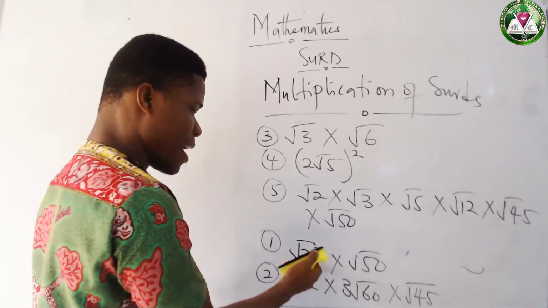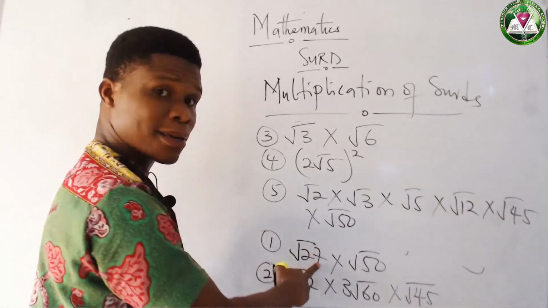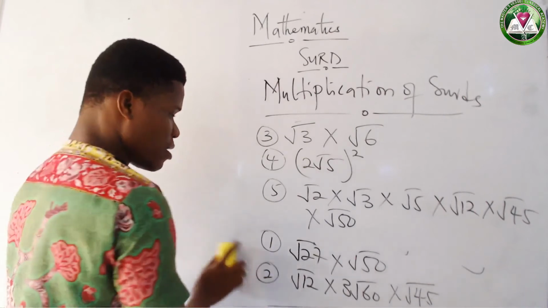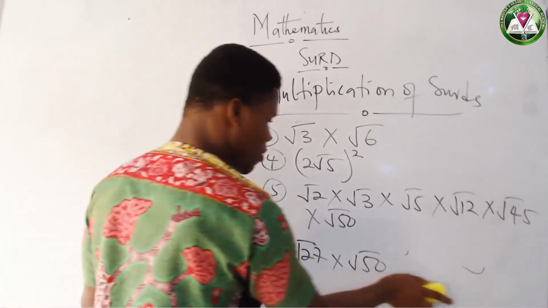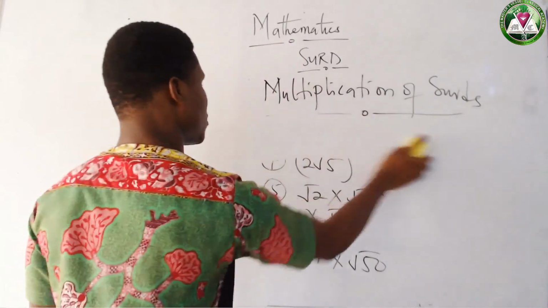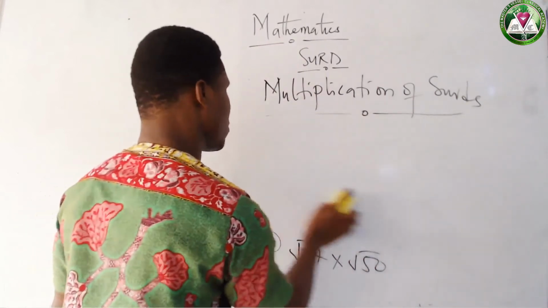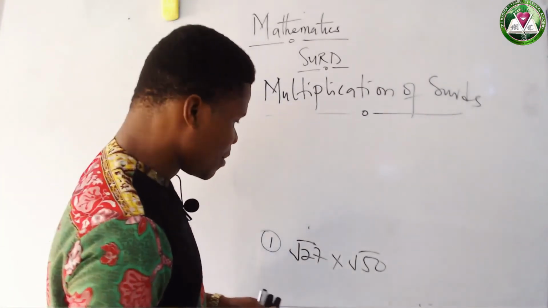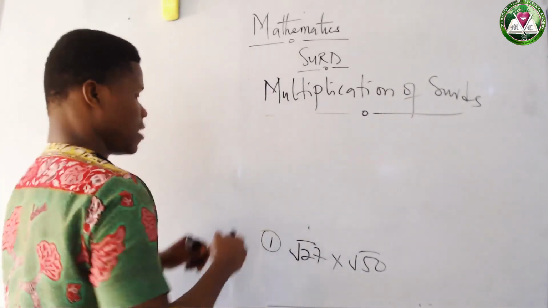I can simplify and multiply this one. I can go ahead and multiply by using the first principle I gave us. Okay, now let's look at this number 1. This number 1 has root 27 times root 50. Let me take it up here.